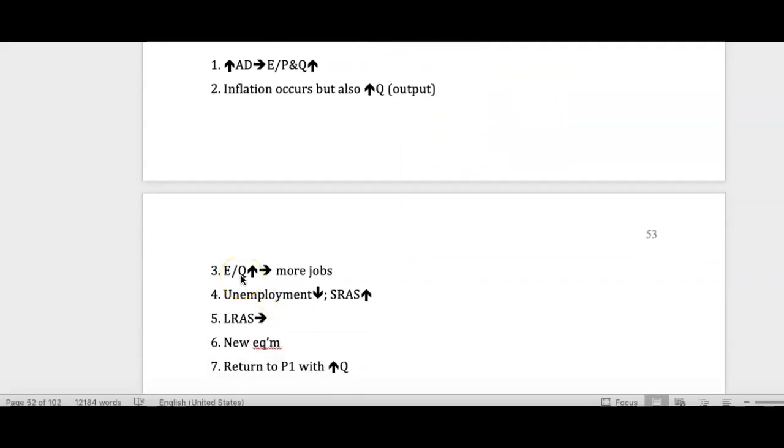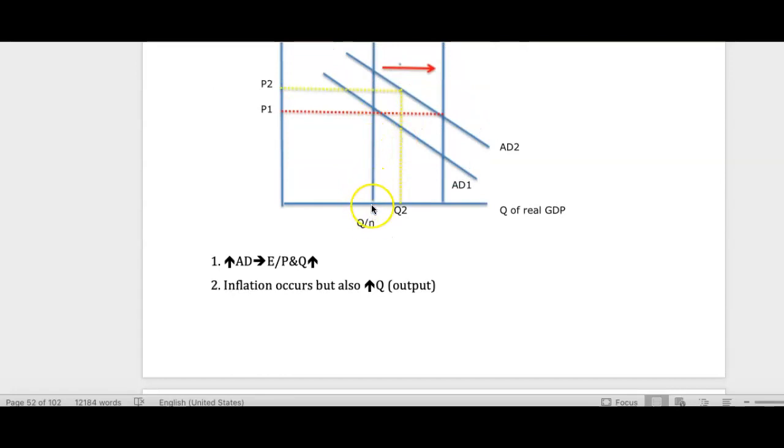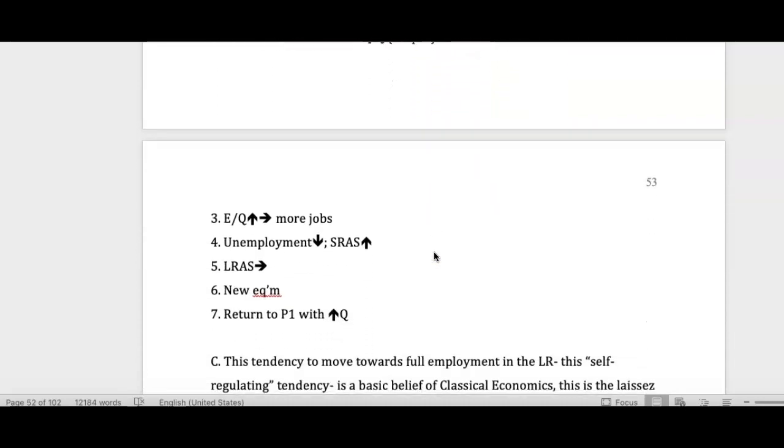So what happens then is that creates more jobs. So we're producing more. So this is our potential, but we're now producing more. So that means we need to use more resources. And one of the resources that we're going to use is going to be labor. So that means that unemployment will go down and the short run aggregate supply will go up.